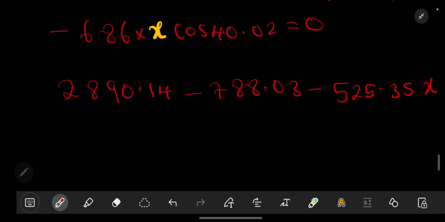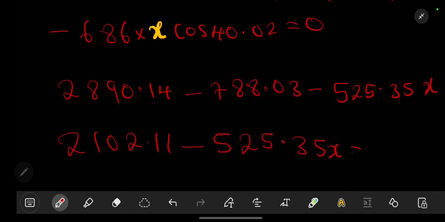So let's simplify this. When we subtract those two, 2890.14 minus 788.03, we are going to get a value of 2102.11. Then we have minus 525.35 x, which should be equal to 0. Let's take this value to the other side.